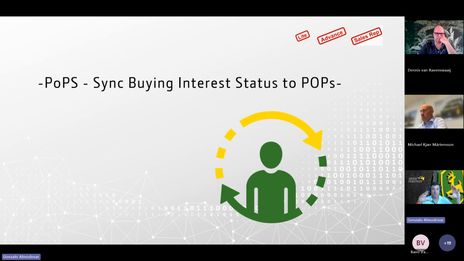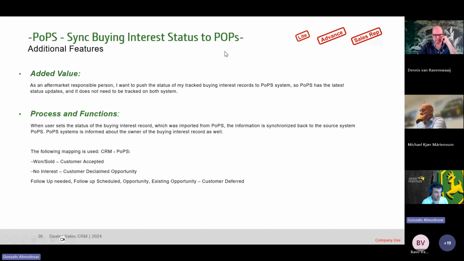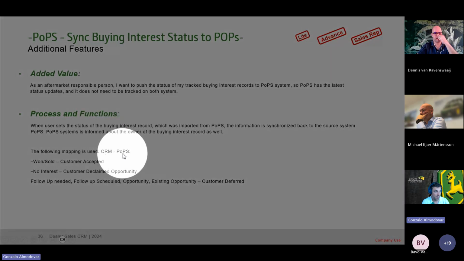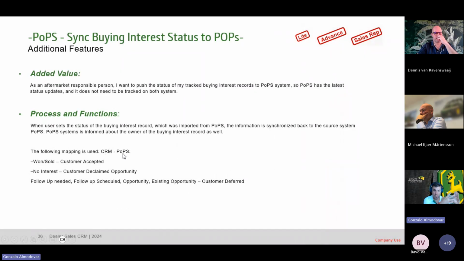So in the past, it was just one way. The information was just moving in one way. Now we have created that bi-directional way. So anything I'm reporting in CRM as won or sold or no interest will be coming back to POPs to have the same information in both systems.